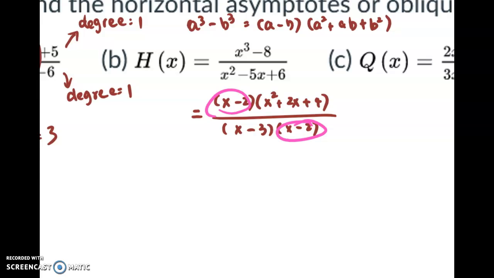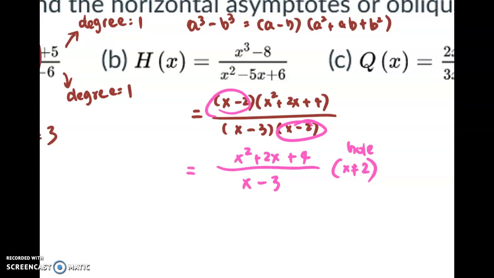Let's find the horizontal asymptote. If we cancel out those two factors, you have on top that and at the bottom that. Of course we have to say we cancel out a factor. That means x equal to 2 is not in the domain, right? That's a hole in the graph.